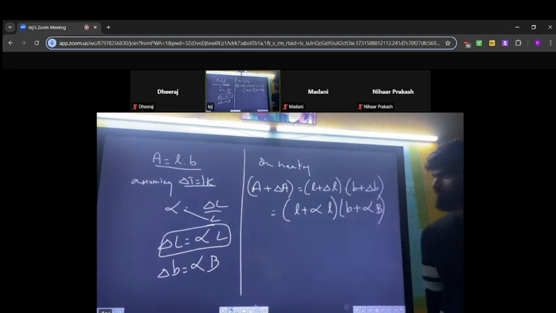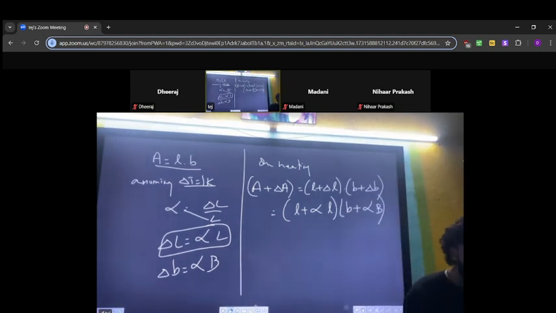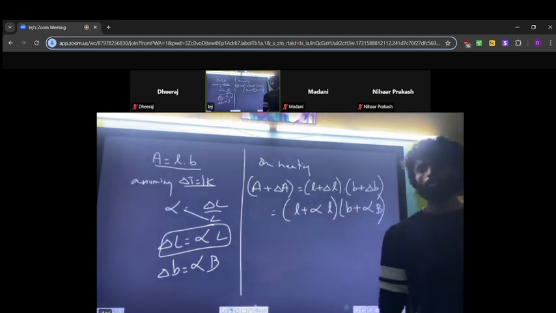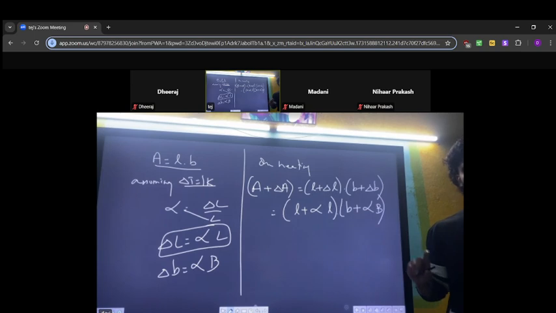Done. Now see, focus on both the brackets, but separately.